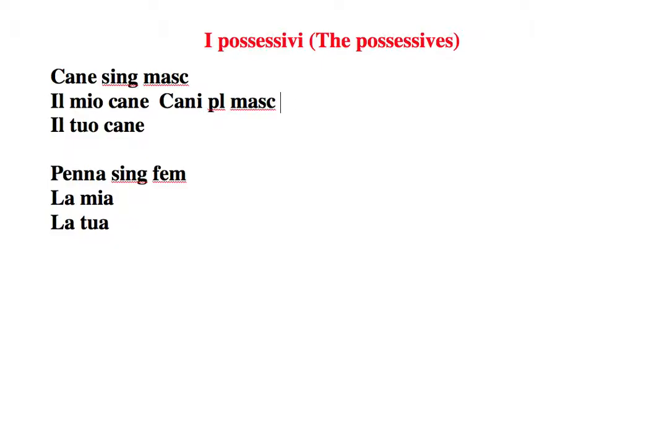So I have to choose the correct form for masculine and plural. So if I want to say my dogs, it would be i miei cani. If I want to say your dogs, it will be i tuoi cani.